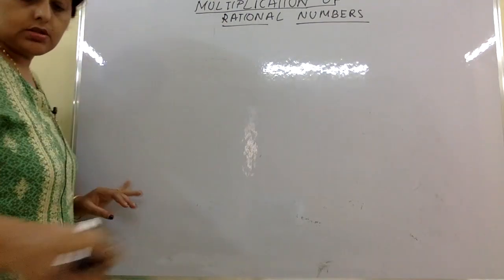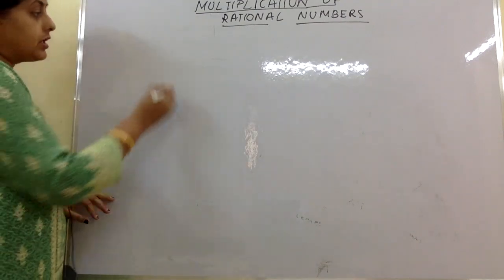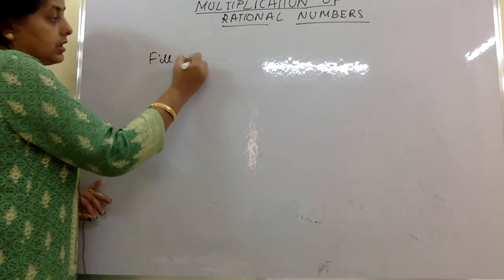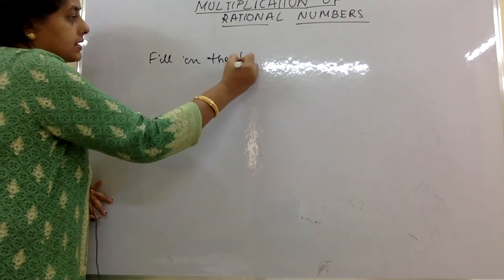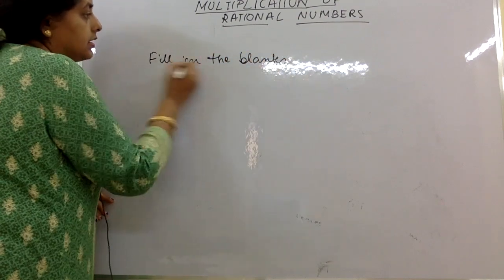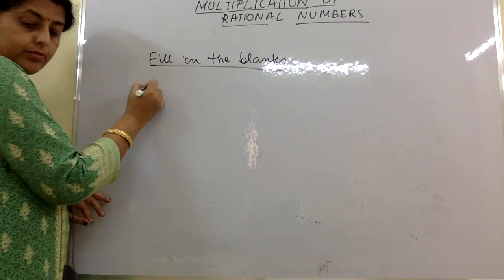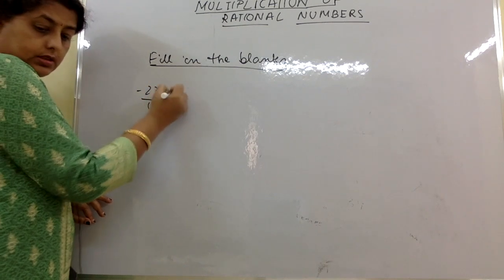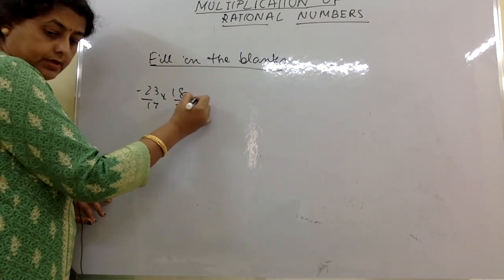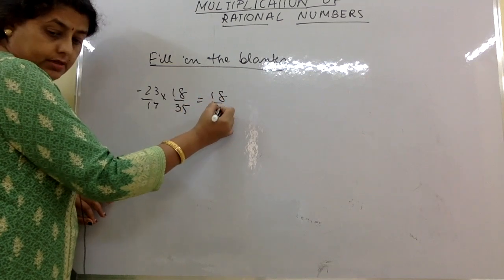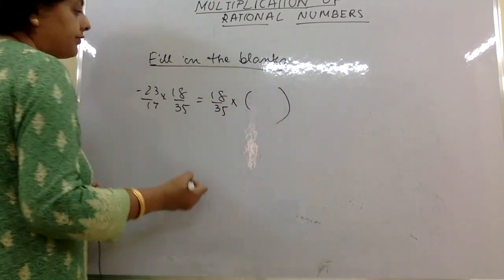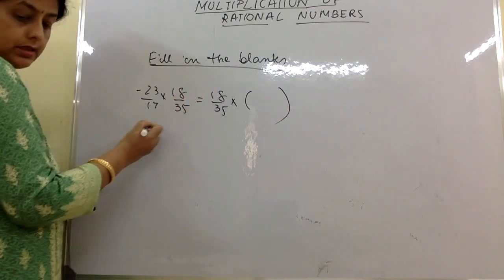This question is not a verification, but it is fill in the blanks. What do we do? Minus 23 by 17 into 18 by 35 is equal to 18 by 35 into, okay, so what should we write here?